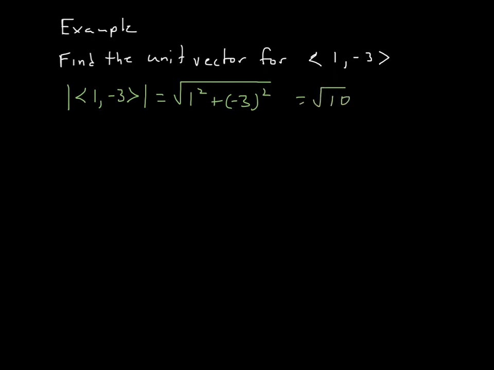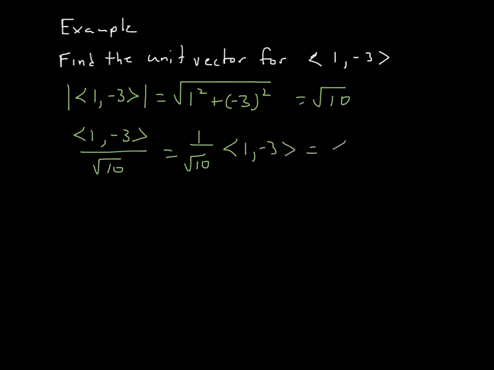So our unit vector is going to be the vector 1, negative 3 divided by the square root of 10, or I can think of it as 1 over the square root of 10 times the vector 1, negative 3.